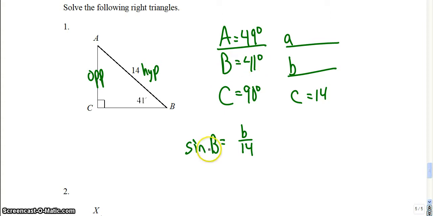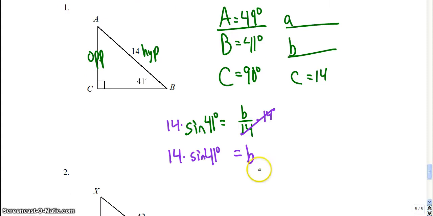And I know that angle B is 41 degrees, so I can substitute 41 degrees in for B. Now this is an algebraic equation, which means that I can perform regular algebra on it to get little b by itself. I'm going to multiply both sides by 14, which leaves me with an exact value for b of 14 times the sine of 41 degrees. And if you use your calculator to evaluate that, that gives you an approximate value of 9.18.